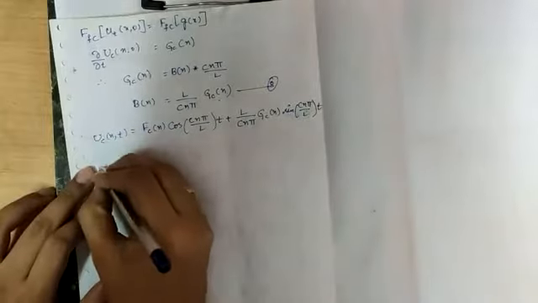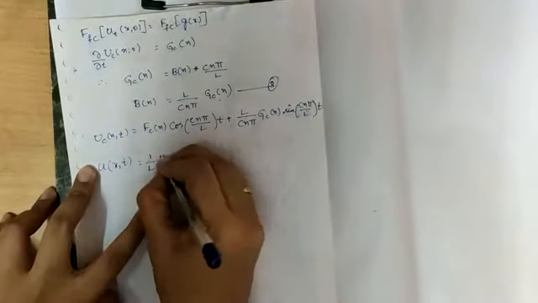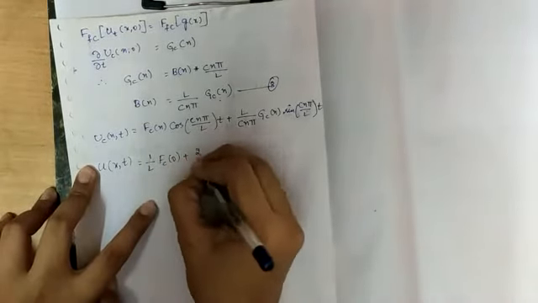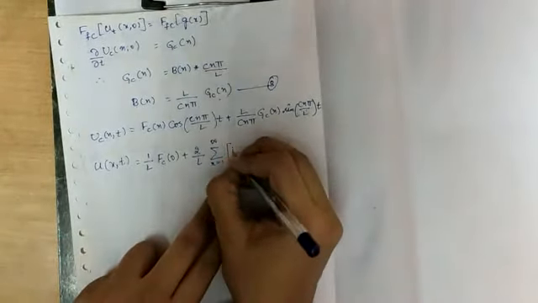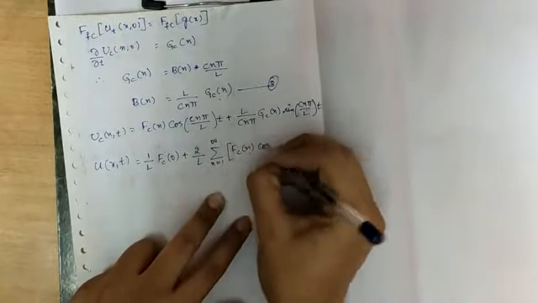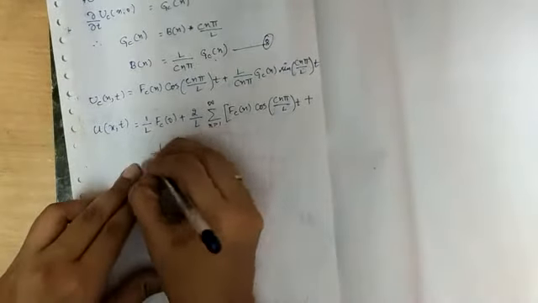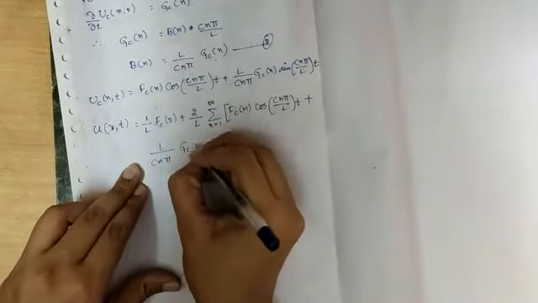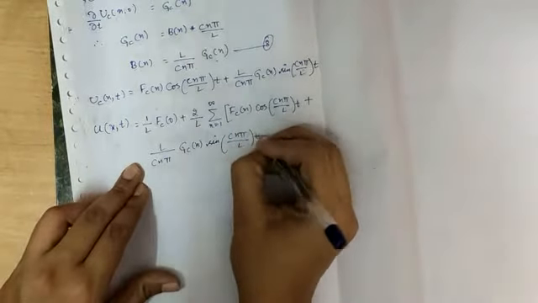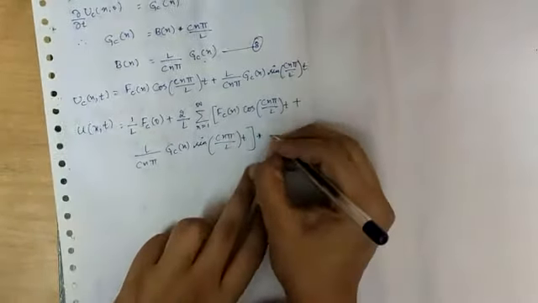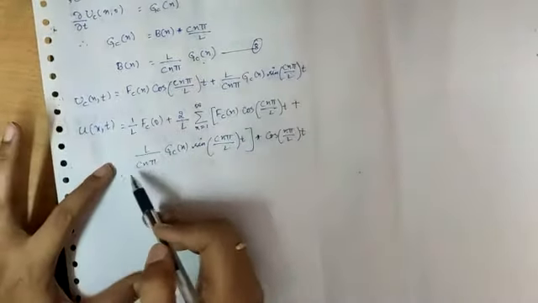If you take the inverse, you will get u of x comma t is equal to 1 over L fc of 0 plus 2 over L into summation n is equal to 1 to infinity of fc of n into cos cn pi by L into t plus L by cn pi into gc of n into sine of cn pi by L into t, multiplied with cos n pi x by L. This is using your formula.